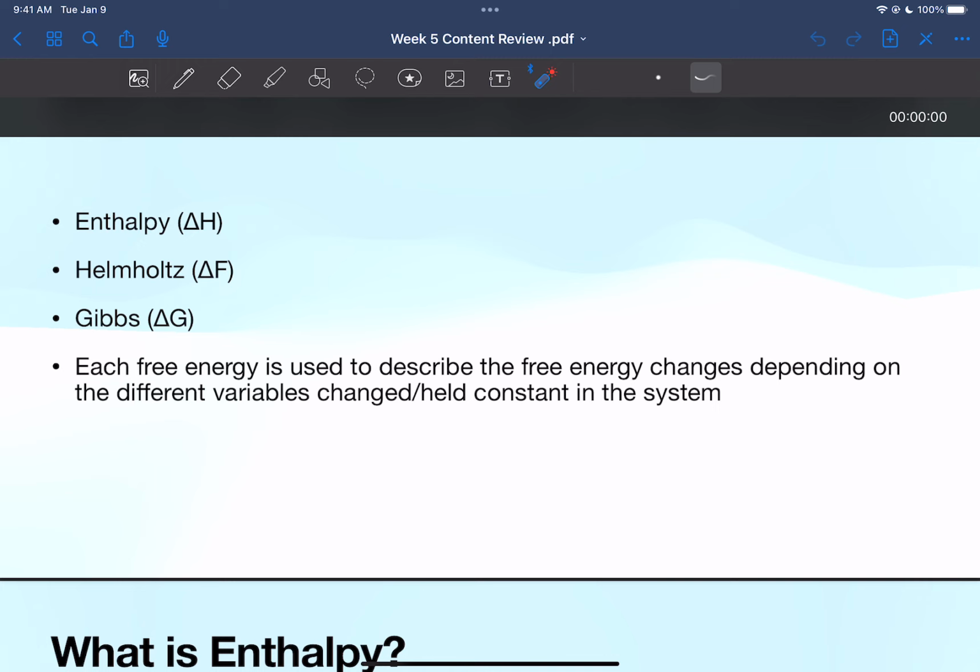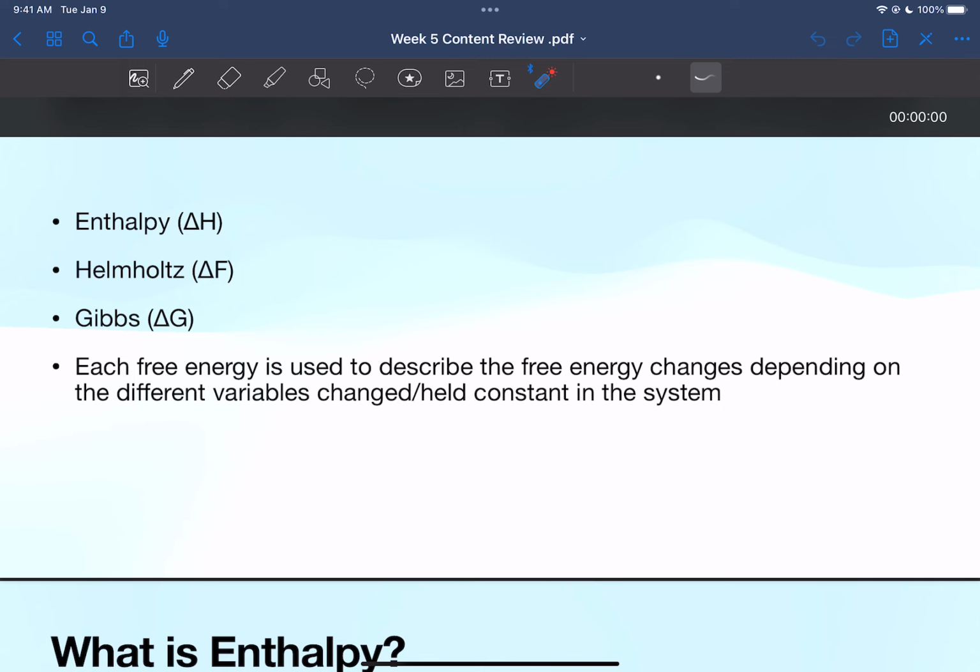So remember, we were talking earlier in the semester about different processes like adiabatic expansions or isochoric cooling, or isobaric processes. Well, each of those different processes will hold specific variables constant, right? So isobaric processes will hold pressure constant, for example.